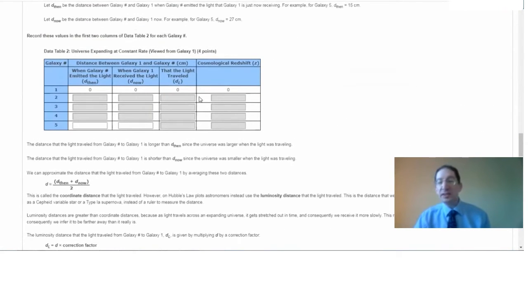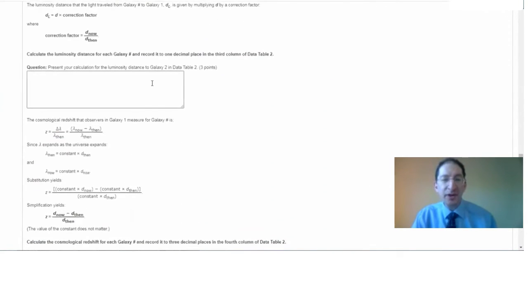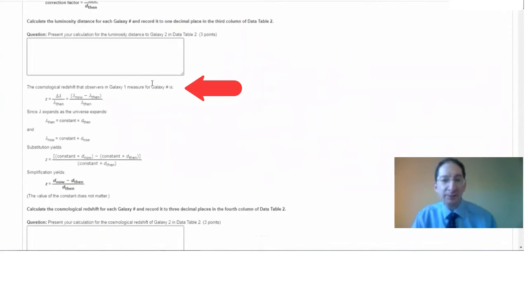So coming back up to this table, in the third column, we're going to put the luminosity distance. And remember, to get that, first you average d then and d now, and then you multiply it by the ratio of d now over d then. So calculate those values, put them in here, put a sample calculation here.